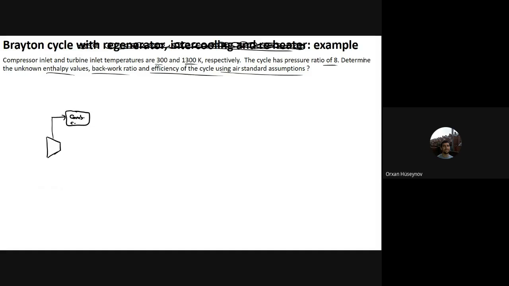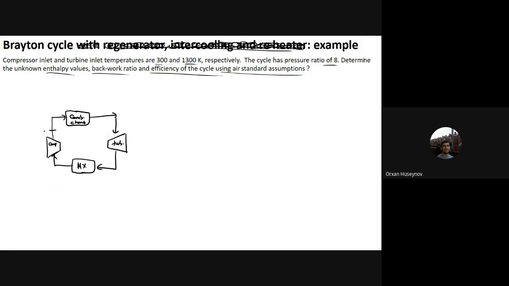And then from the combustion chamber, you will have this turbine. And then from the turbine, again, you will have this heat exchanger here. And this one is compressor 1. There's only one compressor, therefore no need to add one here. And this one is a turbine.